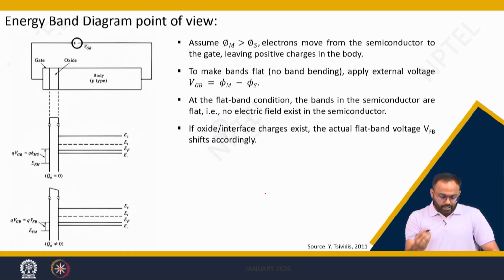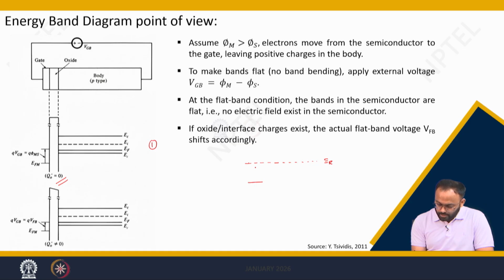Let us see the energy band diagram point of view of the flat band voltage. Let me draw the energy band diagram of metal and semiconductor separately, and then we will discuss what actually happens when you apply a flat band voltage. For the first case, consider there is no oxide charge in the silicon dioxide. You have a metal; let me draw a reference level.